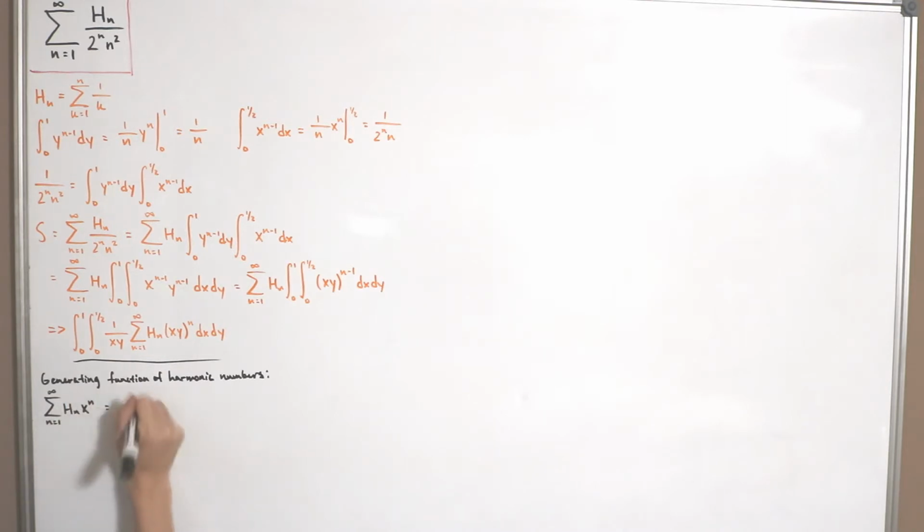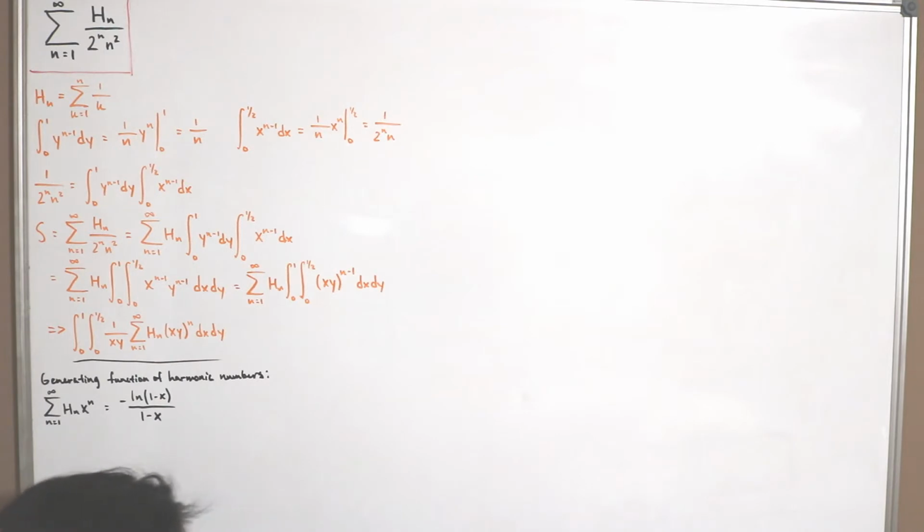That's simply defined as the negative natural log of 1 minus x, all divided by 1 minus x. Using this little fact, I can rewrite this by replacing the series associated with h sub n with this function over here, the negative natural log.